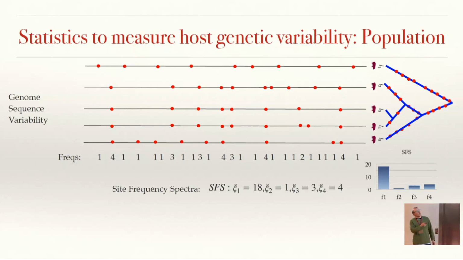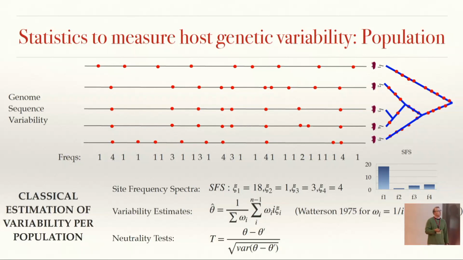With all this information, you can obtain what is called the site frequency spectrum, which is a summary of all the mutations. Here we have, in this case, 18 mutations at frequency 1, which are all these, and for example, 4 mutations at frequency 4. And then we have a plot with the spectrum of the diversity. With this data, we can estimate the variability.